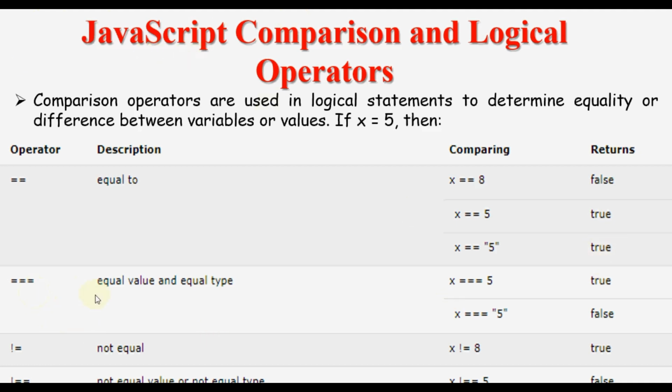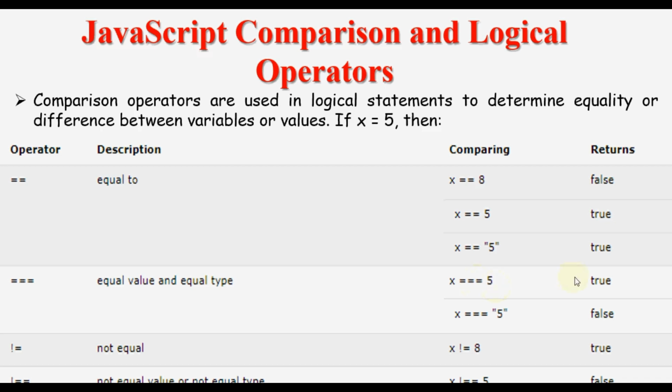This type of operator is called the equal value and equal type operator. It is a strict operator. It determines the equality of values, and it looks at both the type and the value. So we remember that our x equal to 5 is a number. Now we are saying that x === 5, which is true, because x is 5 and x is a number.